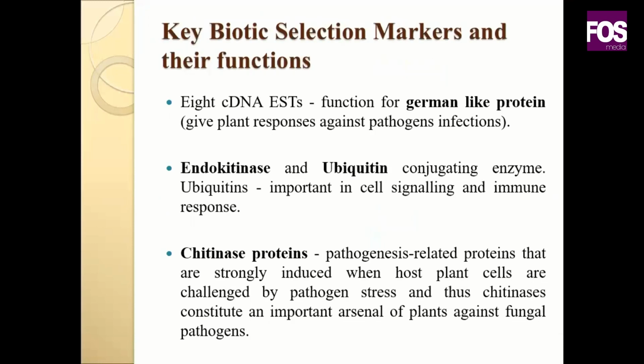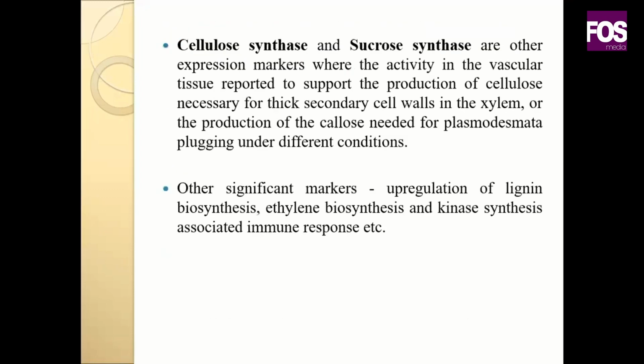Key biotic selection markers and their functions vary. Germin-like protein has a very good response against infection by diseases. Endokinase and ubiquitin conjugating enzymes have a very good immune response during fungal infestations. Chitinase protein is a defense gene that can react against fungal development. They can digest the fungal mycelium to avoid further infection into the plant tissue.